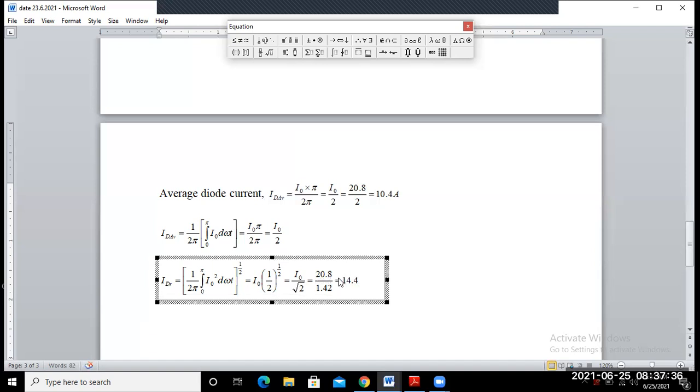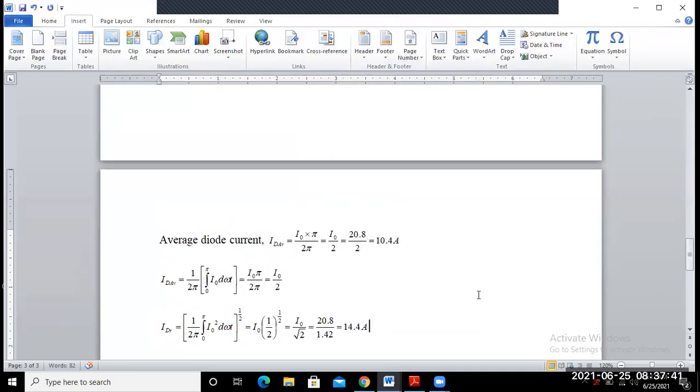So 14.4 ampere is the RMS current through the diode.